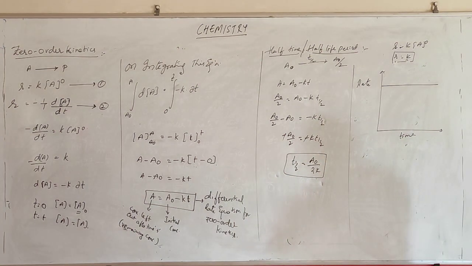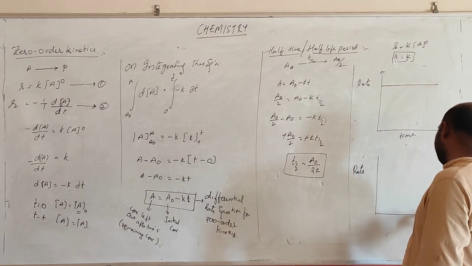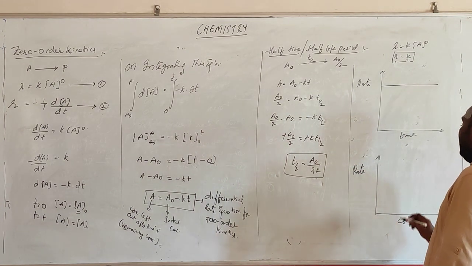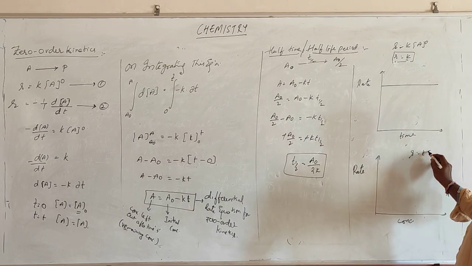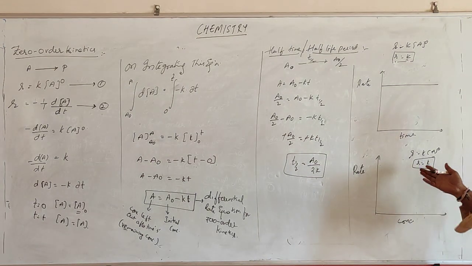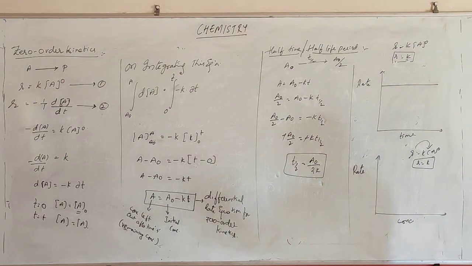Suppose I want a graph of rate with respect to concentration. Again I know that rate is equal to k into concentration to the power 0, so rate is equal to k. This also, rate is not depending upon the concentration. Rate is independent of the concentration for zero order, not for all orders.